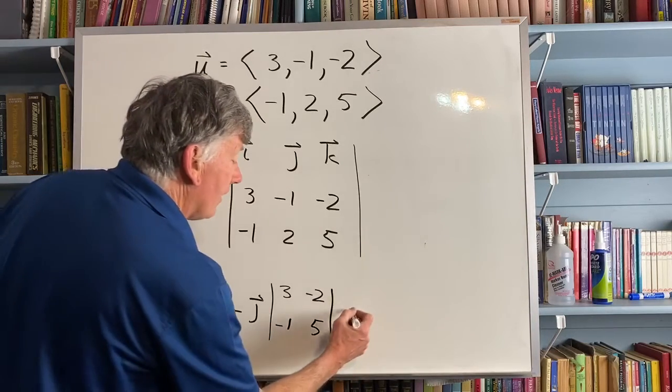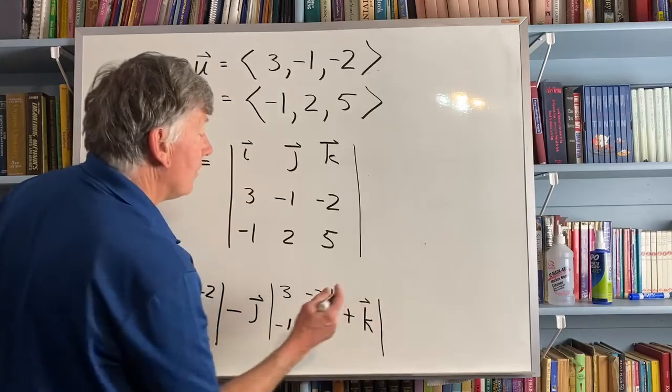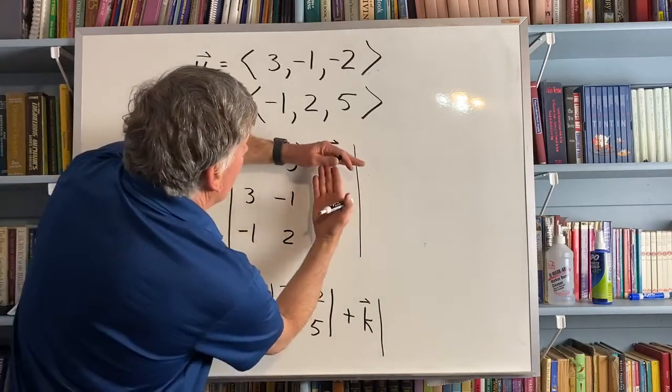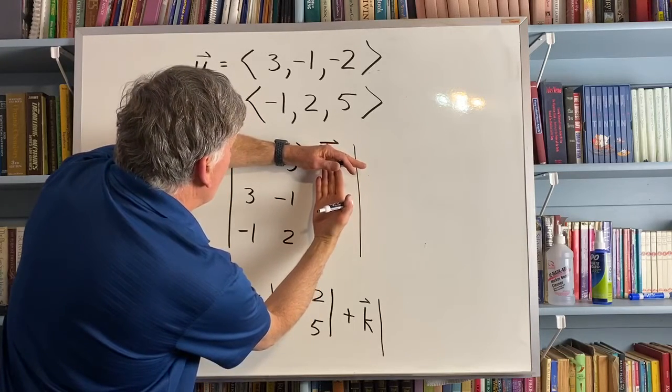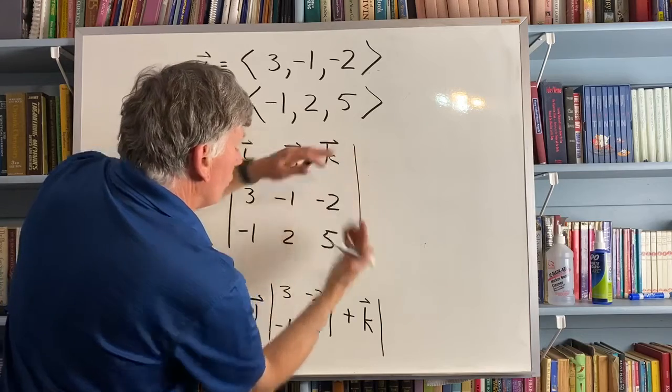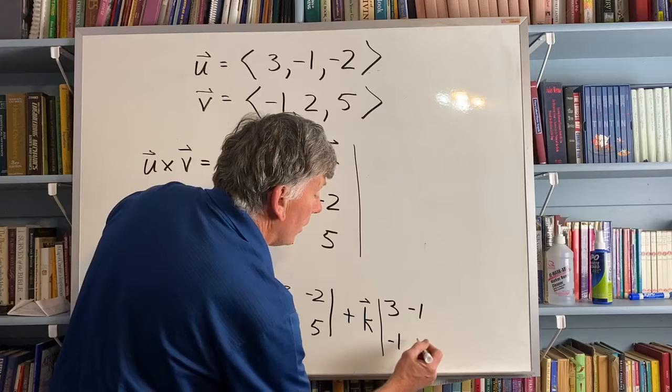And now I go back to adding the k unit vector times the determinant that's formed by the row and column that is blocked out, 3, minus 1, minus 1, 2.